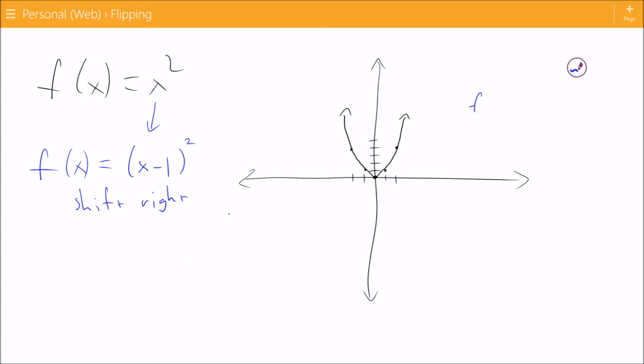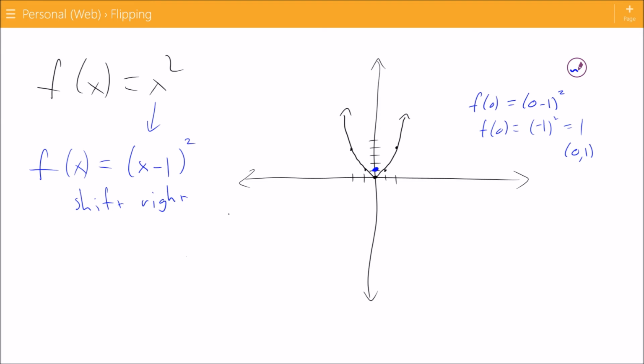So if I do f of 0, that's going to equal 0 minus 1 squared. f of 0 then equals negative 1 squared, which equals 1. So my coordinate from that is 0, 1.